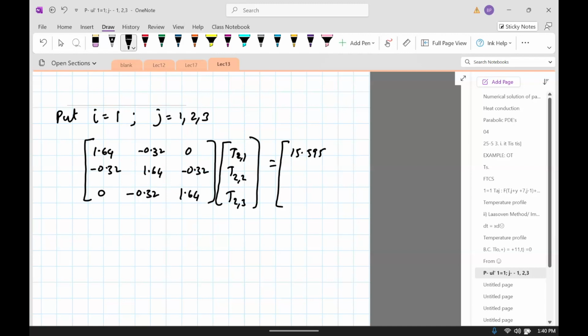But when you try to do this using a package like ANSYS, when you have a fine grid size, you'll see that this will be like a 100 cross 100 matrix for A.